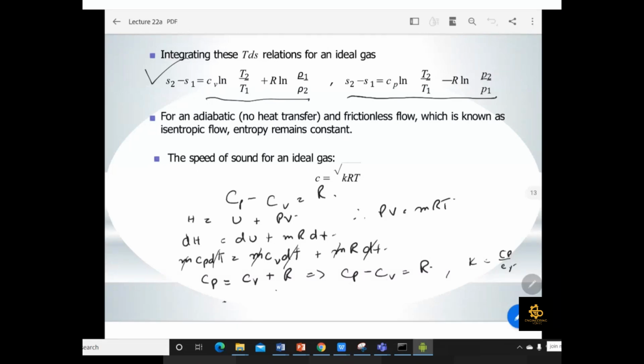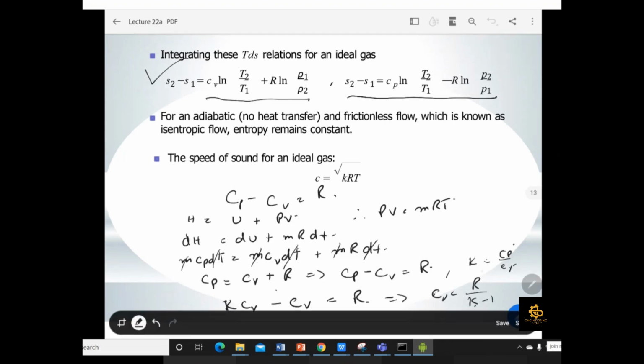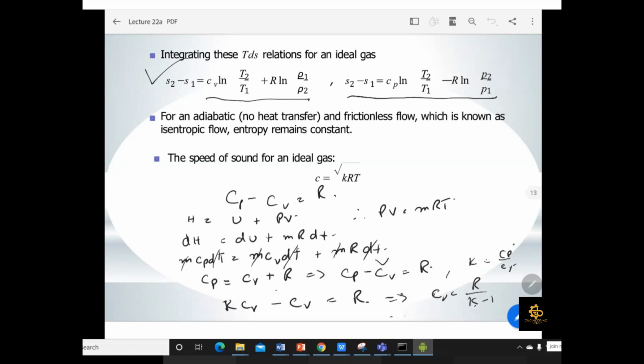It becomes K into Cv minus Cv is equal to R. From here, if I take Cv common, Cv is equal to R divided by K minus 1. Similarly, if you put the value of Cv, which is Cp over K, you will get another equation: Cp is equal to KR divided by K minus 1.